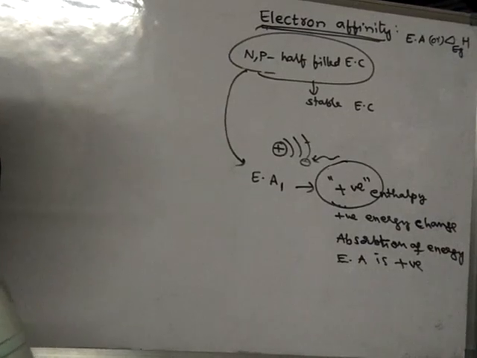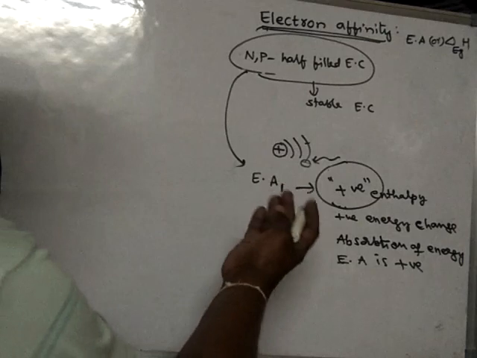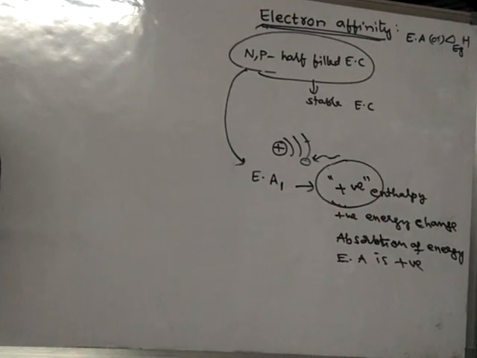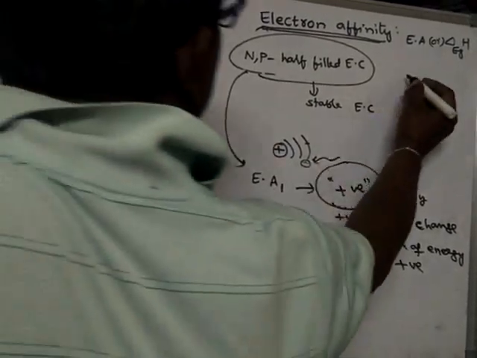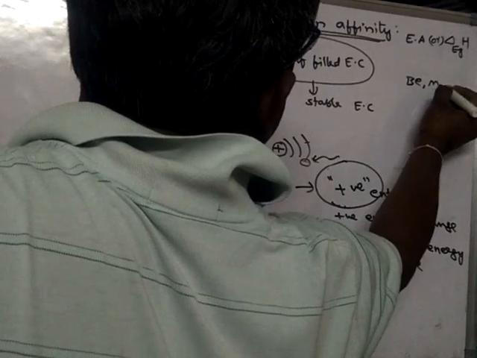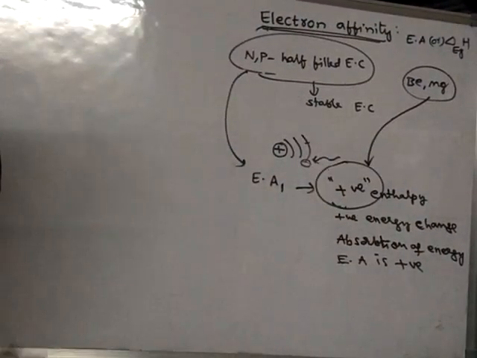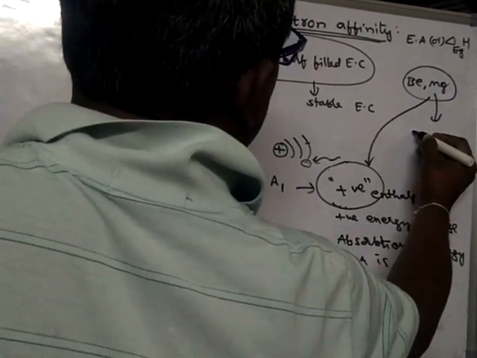So electron affinity is positive because the atom will gain energy instead of losing energy. Hence the electron affinity is positive. In the case of beryllium and magnesium also, the electron affinity is positive because here they have completely filled orbitals.